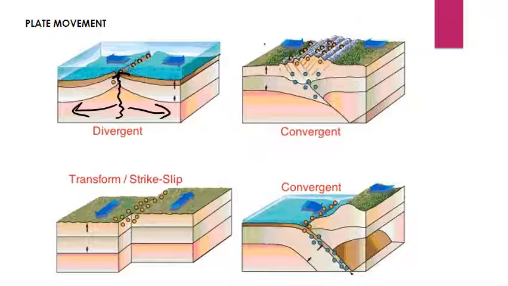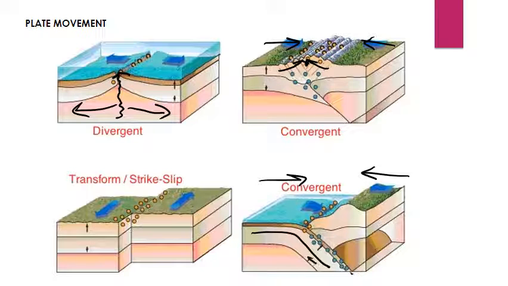Convergent means that they're moving together, and when they converge, two things can happen. Either both push and both win, and they end up pushing up into mountains, or one loses and gets pushed down below into what we call the mantle, where it gets reliquefied, melts, and one gets pushed up because it wins and it turns into mountains.